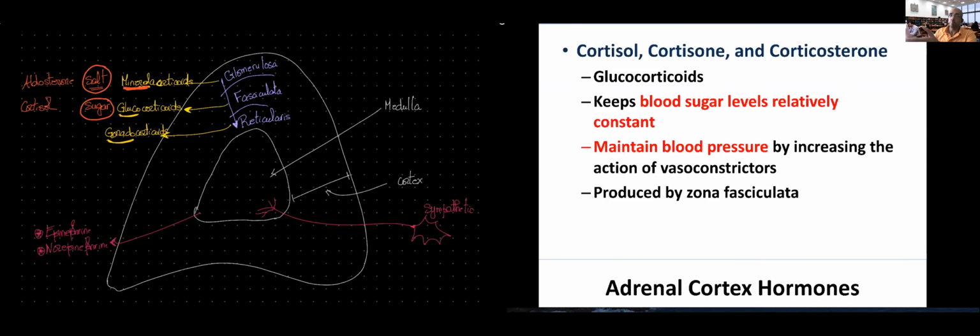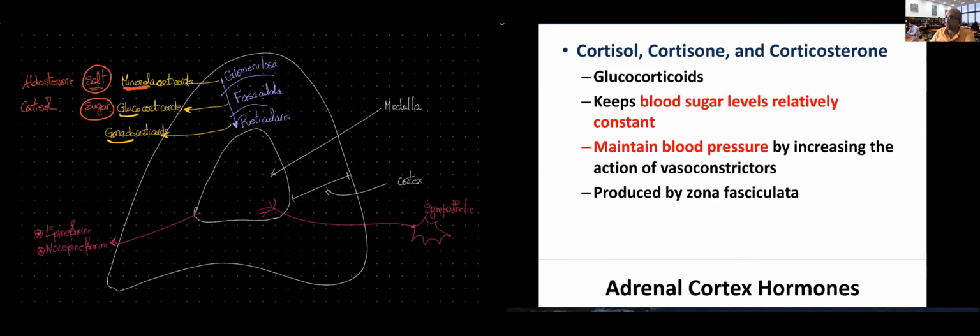So a big part of the anti-inflammatory medications are going to be cortisol or glucocorticoid derivatives. All right. So cortisol is going to be responsible to suppress the immune system, suppress inflammation. Another function of the glucocorticoid also is going to be to constrict the blood vessels, and this is going to be increasing my blood pressure.